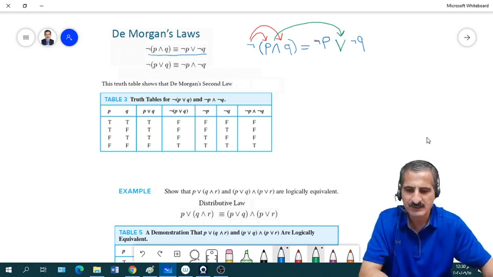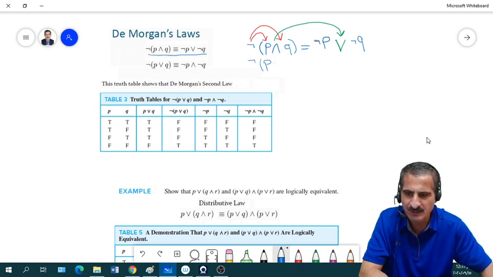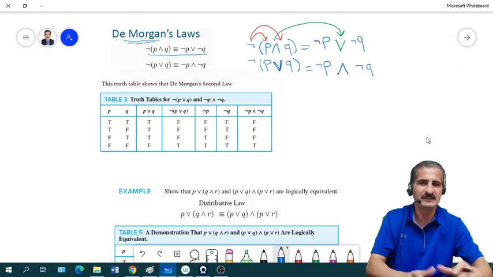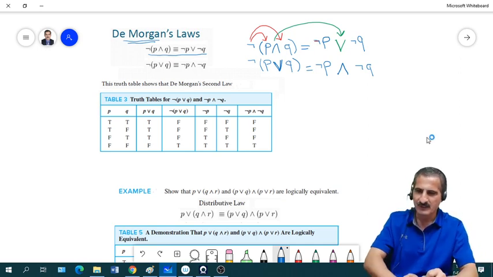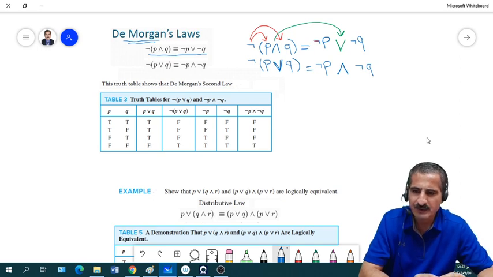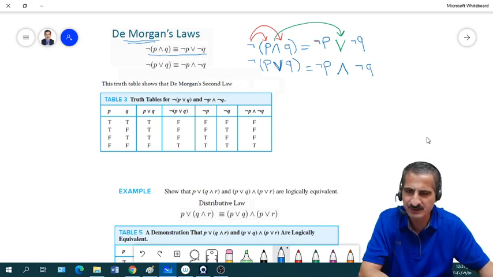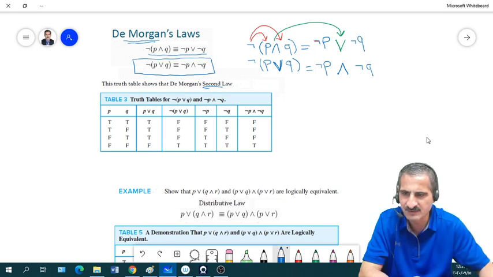Same thing if we do it for the negation of P or Q. This is the second law of De Morgan. We distribute not P, not Q, but we change this operator from OR to AND. So these are De Morgan's laws, and they are very easy, very helpful, and very important. Now, we can prove De Morgan laws, but here we will demonstrate the proof of the second law only. The first law is left for you to do.